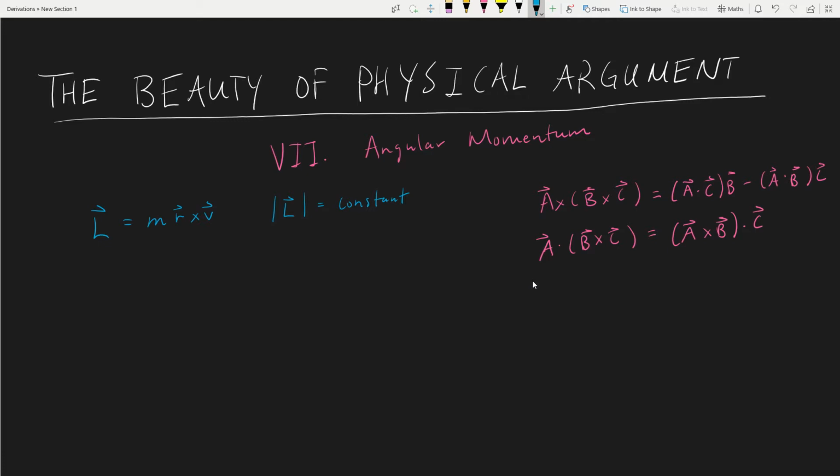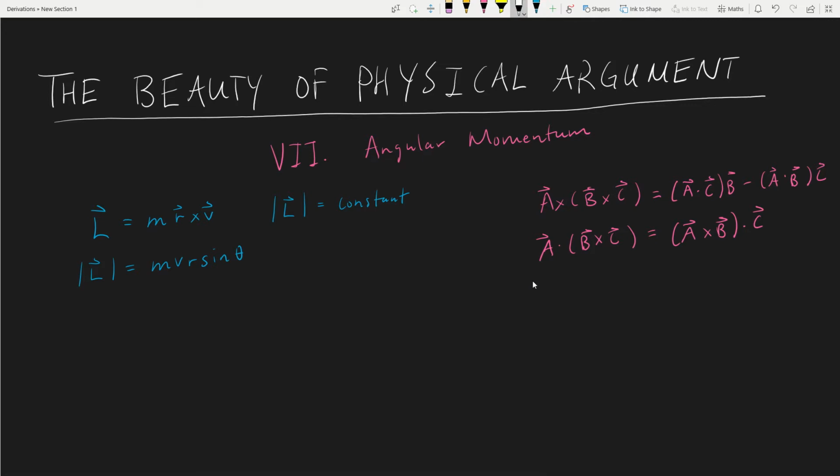For this orbital system where a planet is orbiting around a sun, recall from the rules of cross products that the magnitude is m v r sine theta. Somehow the speed, the radius, and the angle all work together to make it constant.